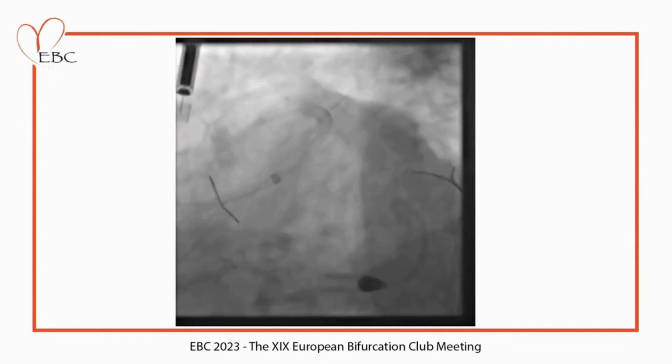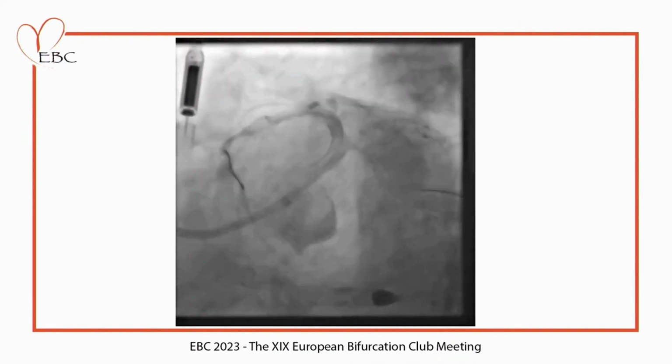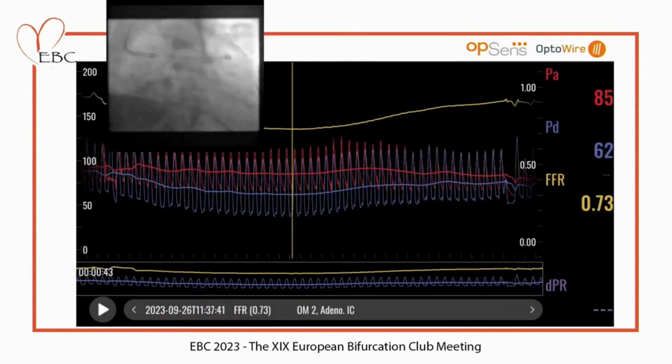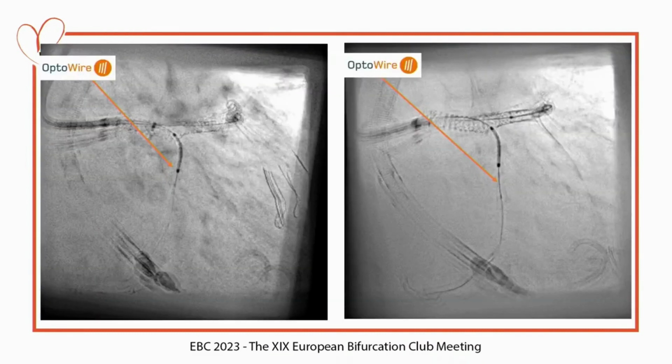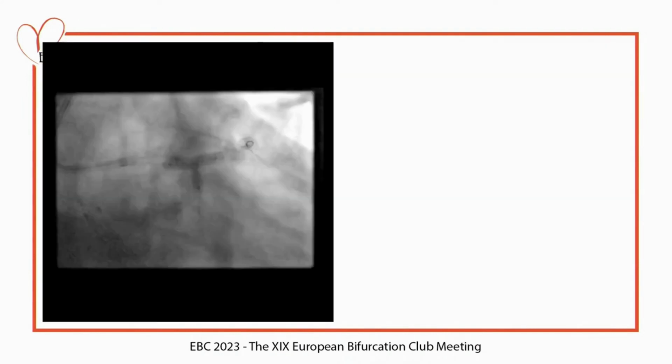You can see some disease in the proximal circumflex. So we put the wire again that was on the table, and you can see, unfortunately, 0.73. So we had to stent this circumflex ostium and its proximal part with the same wire.